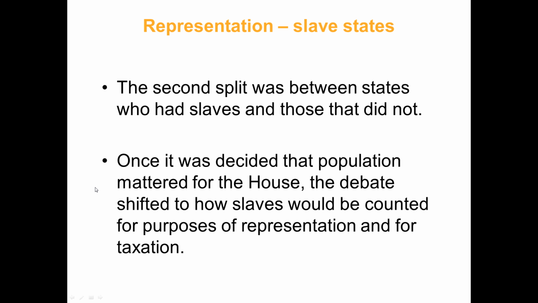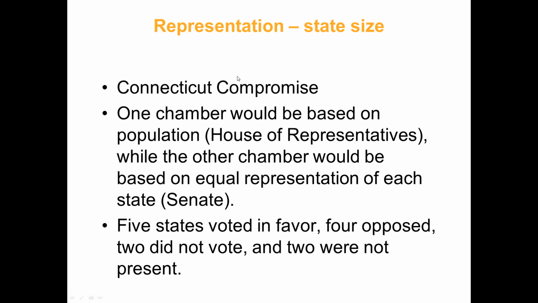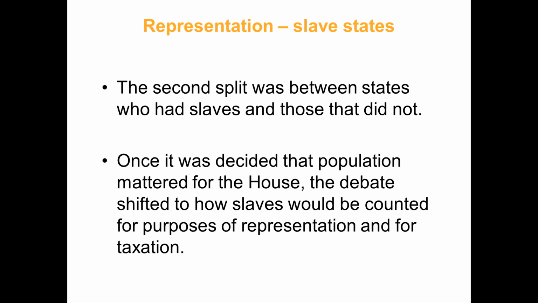All right. As far as representation goes, there's another split beyond population size, related to population size, but focusing on slavery. Given the Connecticut Compromise, which we just talked about, one house of Congress is going to be determined based on population. In other words, the more people in the state, the more representatives in the House of Representatives you get.